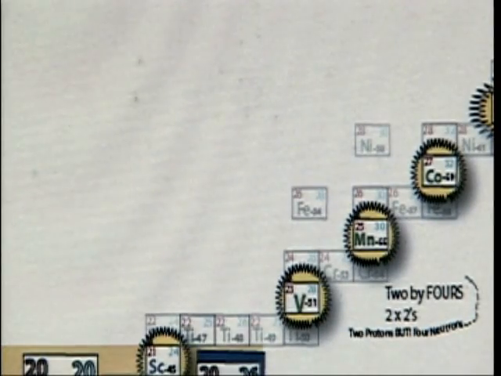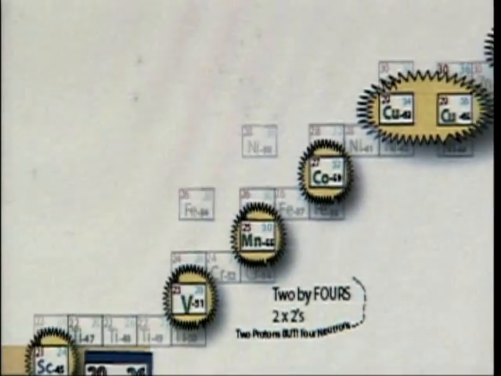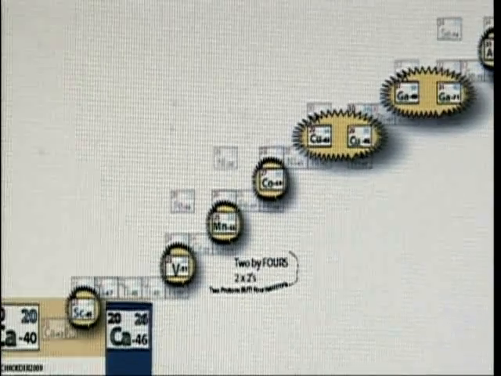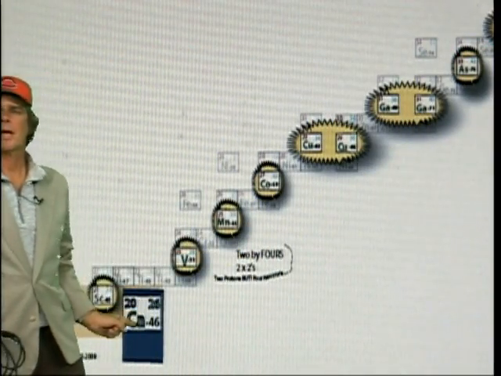So again, this is where I'm going to show the trends in this chart of the nuclides. So we'll leave this together. If you remember how the gap between oxygen and the calcium was, look at what happens again here.